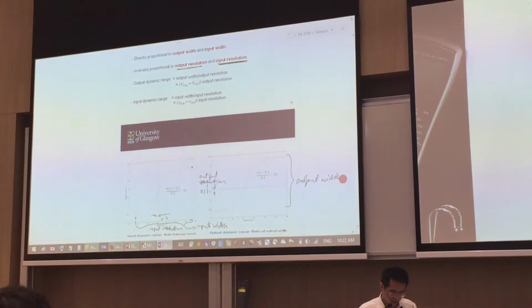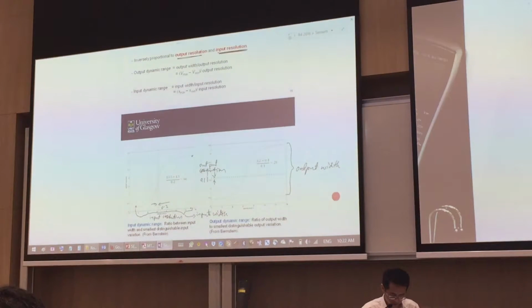So if you take the ratio of the input width divided by the input resolution, I can form an equation for that.